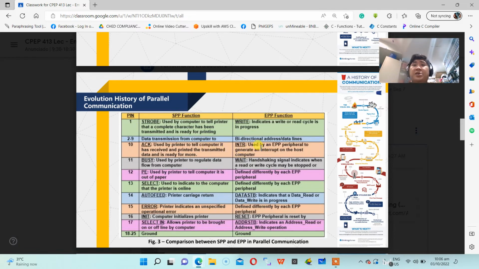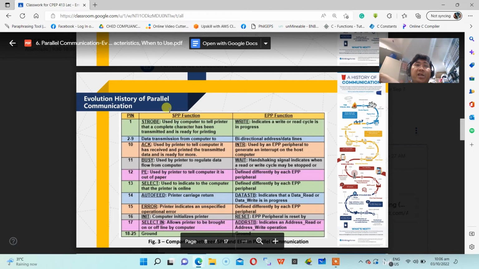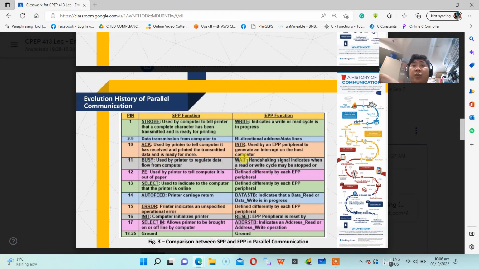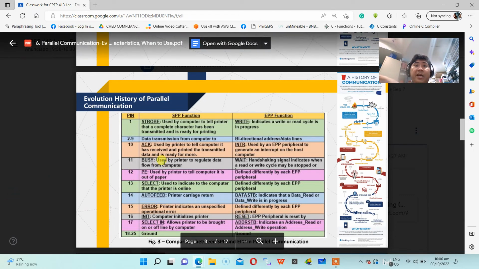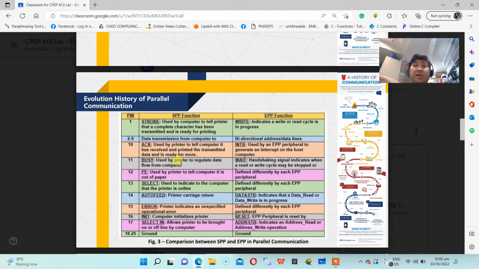Next is interrupt request. It is used by the enhanced parallel port peripheral to generate an interrupt on the host computer. So interrupt request means it requests to interrupt some of the processes that are working. The difference is it regulates, telling the host, okay, I'm busy, wait.